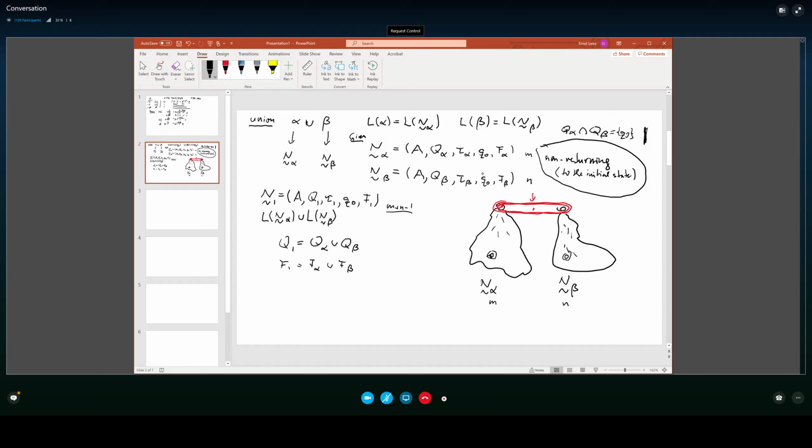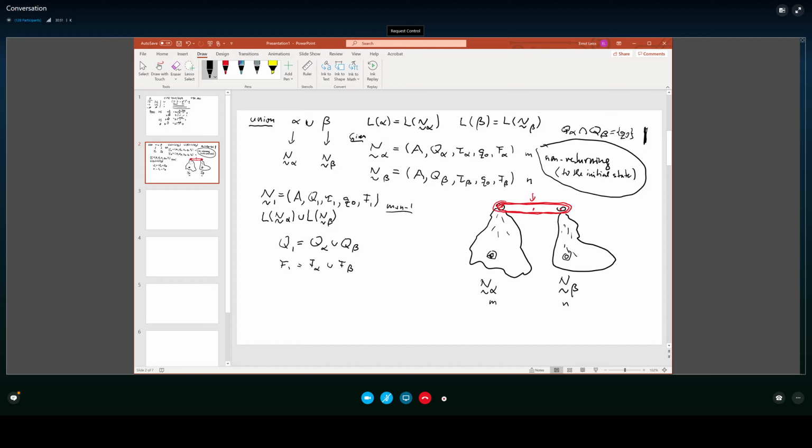But once we've decided we're going to go, say, into N sub alpha, we never can go somewhere over to N sub beta because these are non-returning automata. So once we've made a decision, we're going to go left from the new initial state or right from the new initial state, we're going to be stuck with that decision. So once we've gone left, we will stay left. Once we've gone right, we will stay right. There is no way of going back.